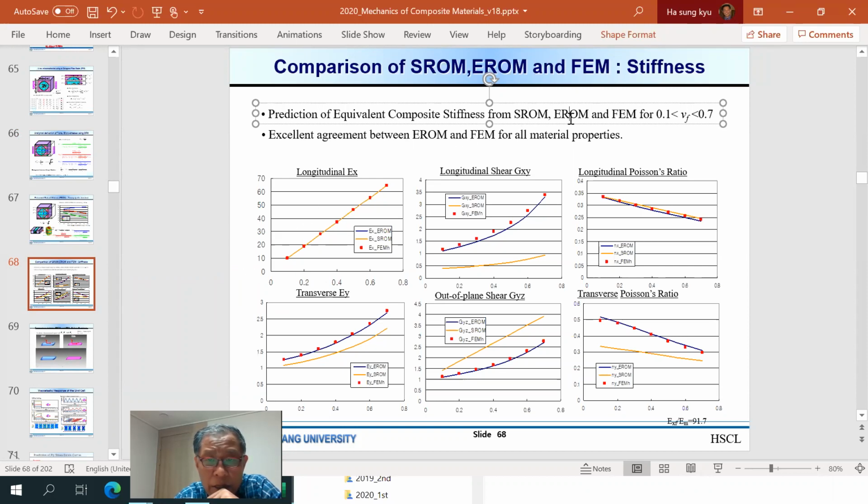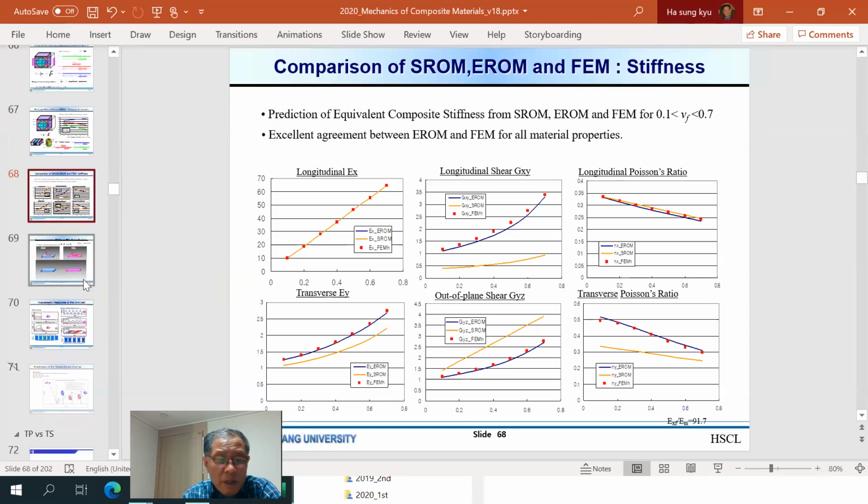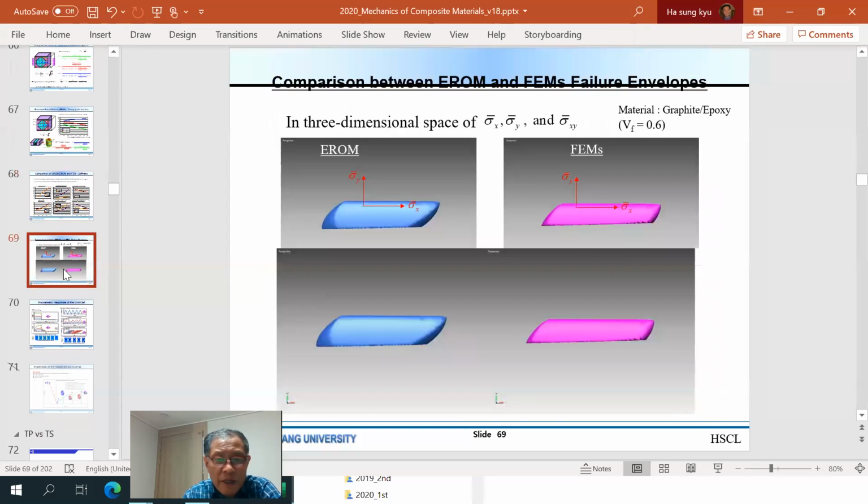Okay, I need to double check, but this EROM means OFM result. I'm sure you can find the result in the paper which I assigned, and this is the failure envelope.